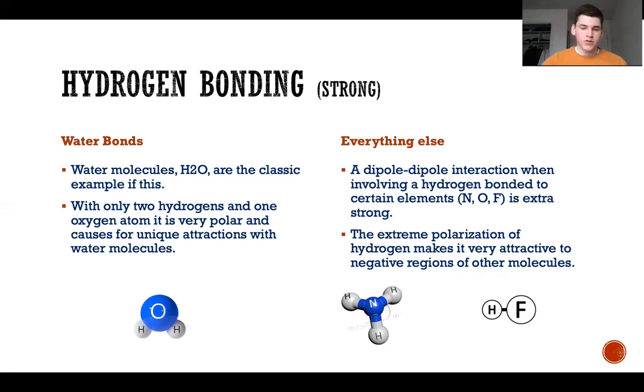This causes the hydrogen side to be super positive and the other side, whether it be nitrogen, oxygen, or fluorine, to be super negative, just because of this super uneven sharing. So in a normal dipole, you get this partial positive, partial negative.